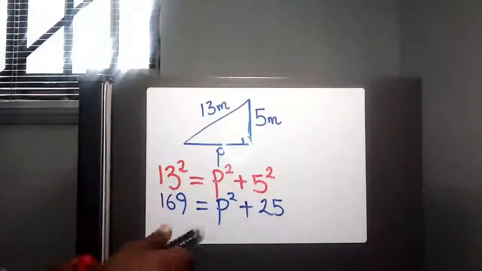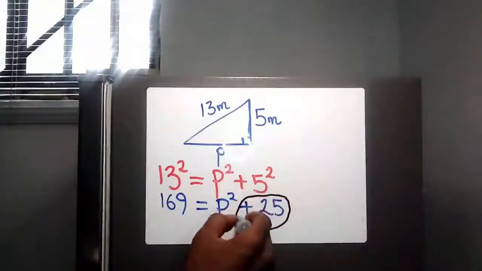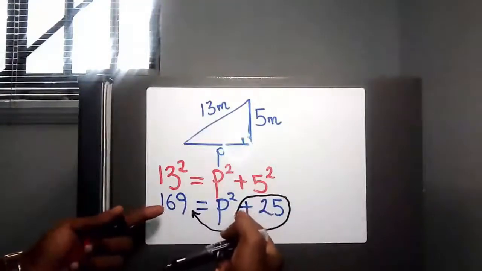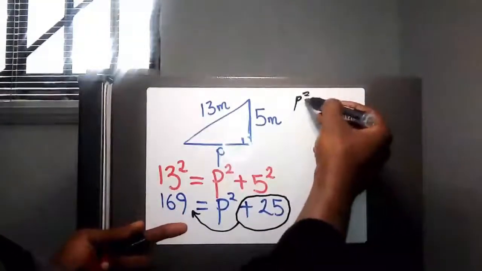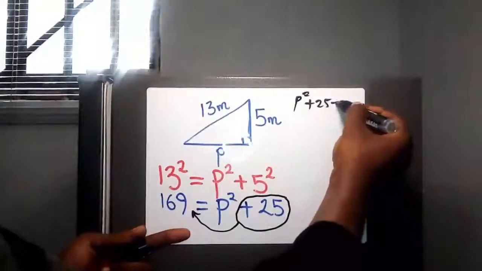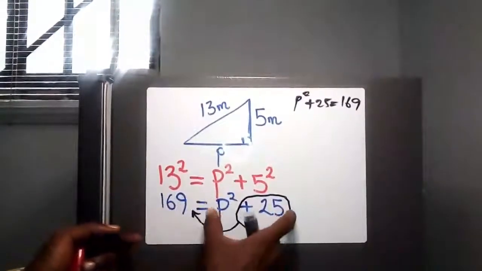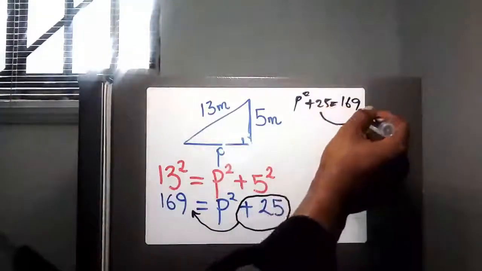Family meets family. We've done this a billion times. Or if you don't want it this way, this can be rewritten as p squared plus 25 equals 169. It's the same thing.